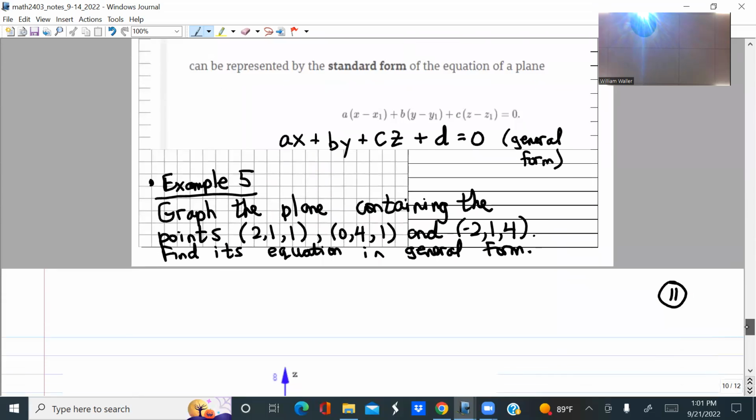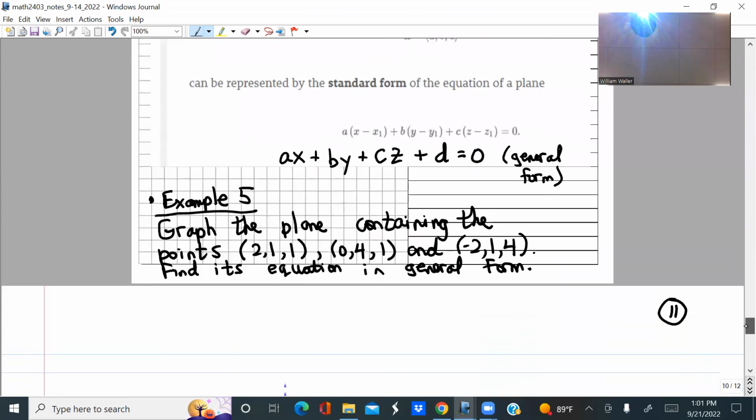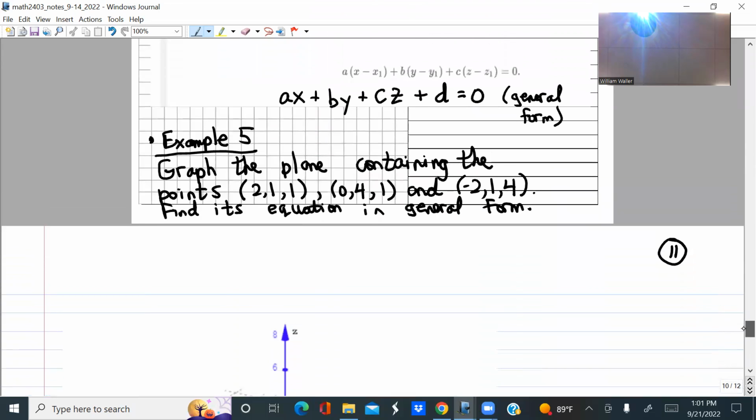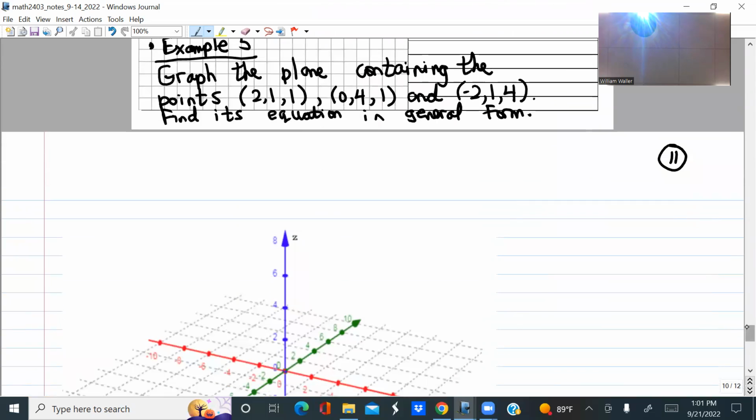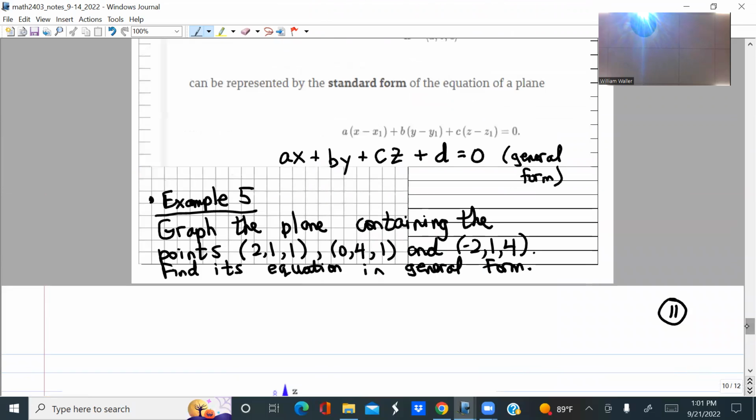Well, let's try it, and then let's try making the graph too. Okay. All right. So we want to graph the plane that contains these 3 points, and find its equation in general form.